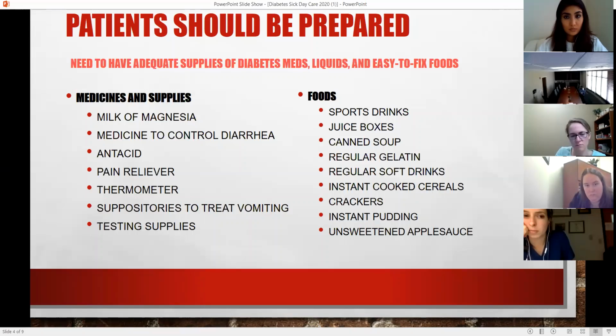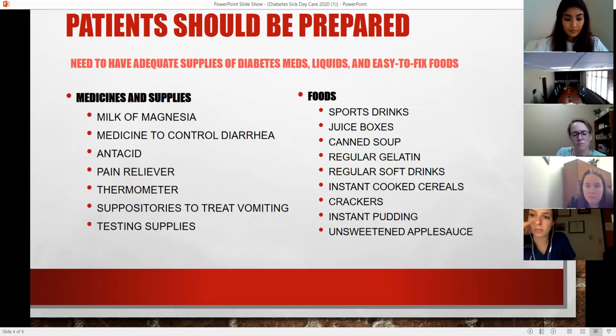So things on hand that's nice for patients to have would be things that can prevent the diarrhea or the nausea, pain relievers, thermometers, testing supplies, obviously. And then in terms of drinks, just because they're diabetic, it doesn't mean they shouldn't ever have liquids or types of foods with carbohydrates.